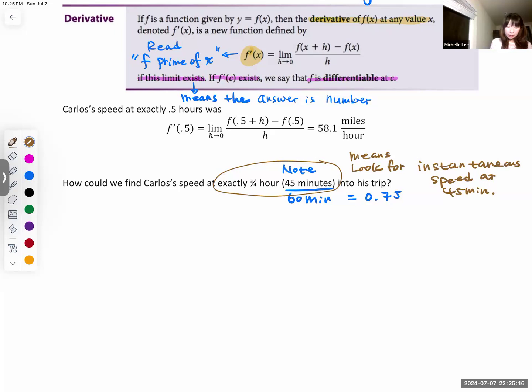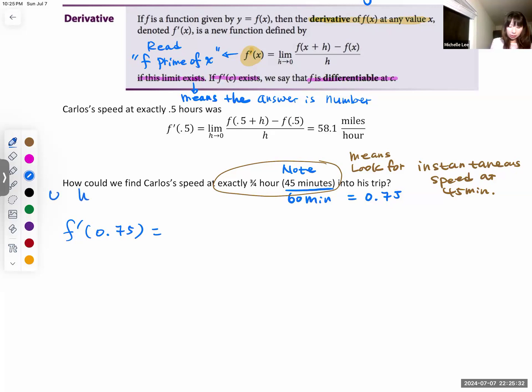Okay, so let's denote f prime of 0.75 equal to, so let's make h equal to 0.0001 still, okay?